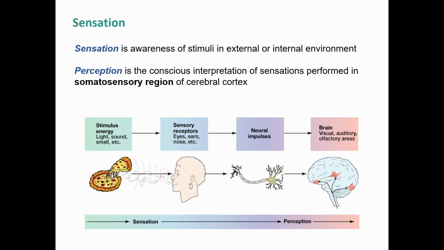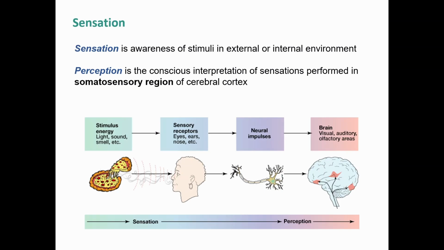Perception is probably what you're thinking when you think sensation. Perception is your conscious interpretation of those sensations. Usually we're looking at the somatosensory region of the cerebral cortex, which we find in the parietal lobe. So with perception, you're consciously aware, like right now, that there's some sort of sensation, some sort of stimulus that has occurred.